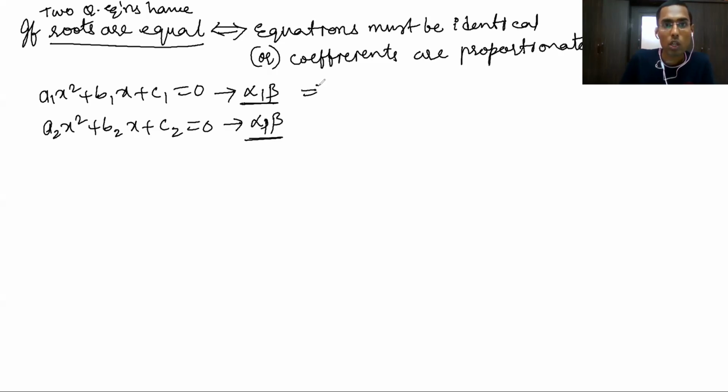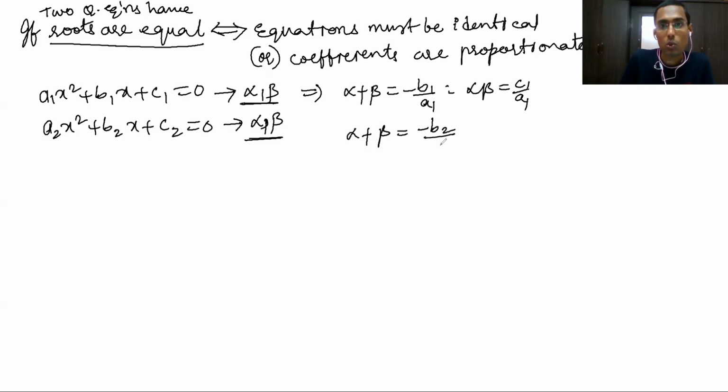As we discussed, the sum of the roots is minus B by A, and the product of the roots alpha beta is C by A. So here it is B1 by A1, here C1 by A1. Here also alpha plus beta, the sum of the roots, is minus B2 by A2, and the product of the roots alpha beta is also C2 by A2.